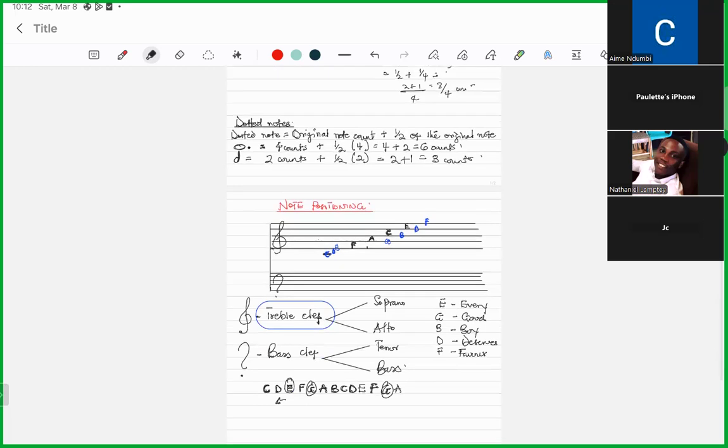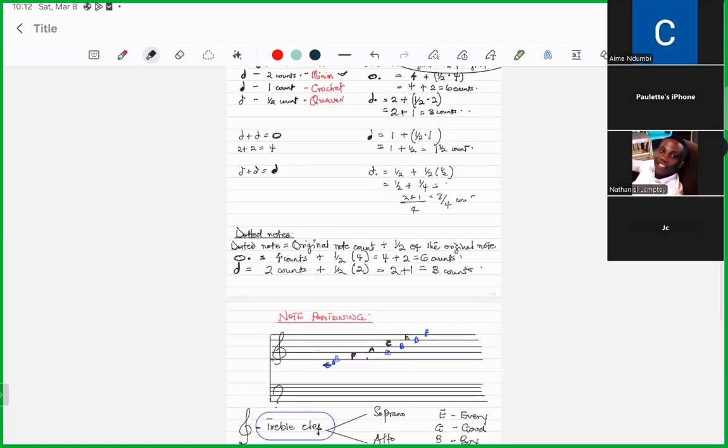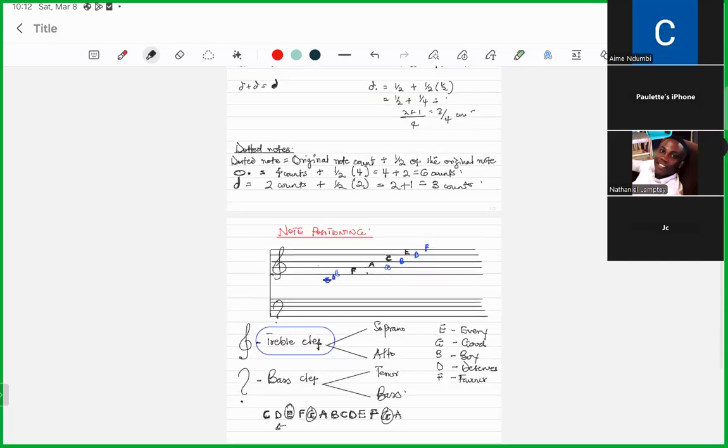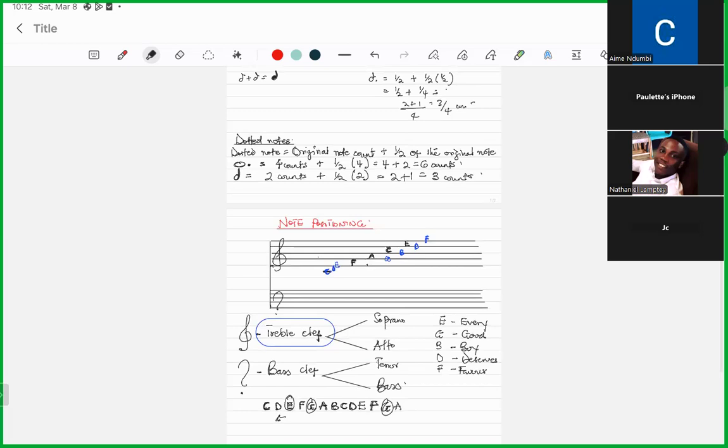Then the next thing we did under note identification is the note positioning. So we wanted to know, if you have a music sheet, how are you going to identify the notes? The note identification will give you an idea on the pitch.